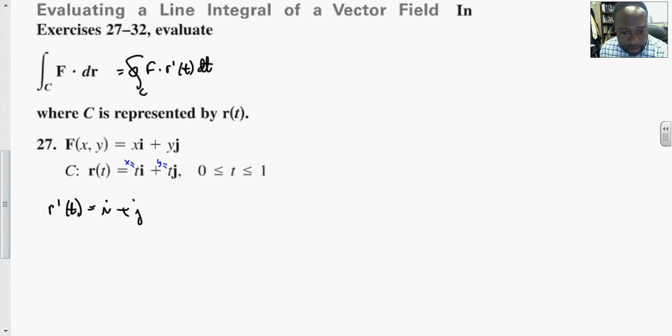So if that's the case, you see here that this x is t and this y is t. So this is actually ti plus tj.